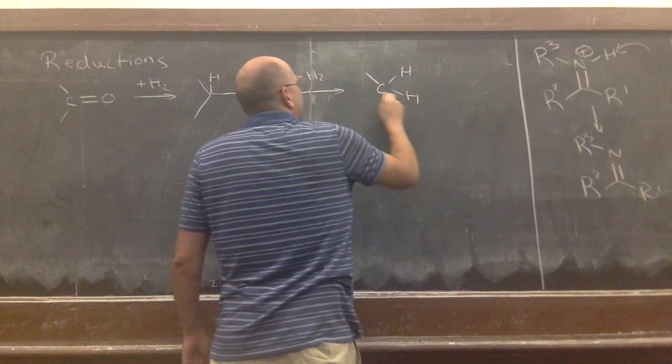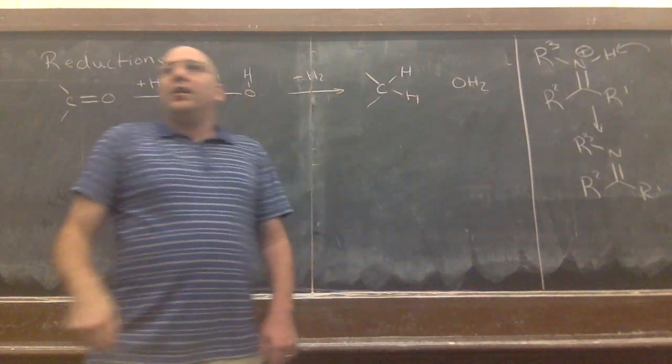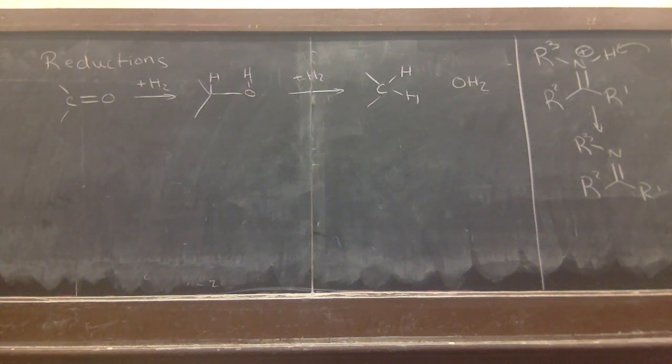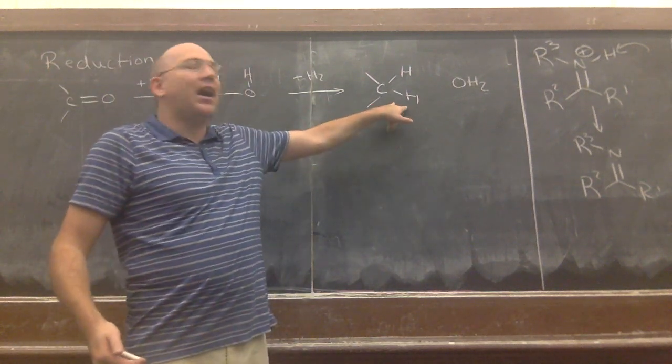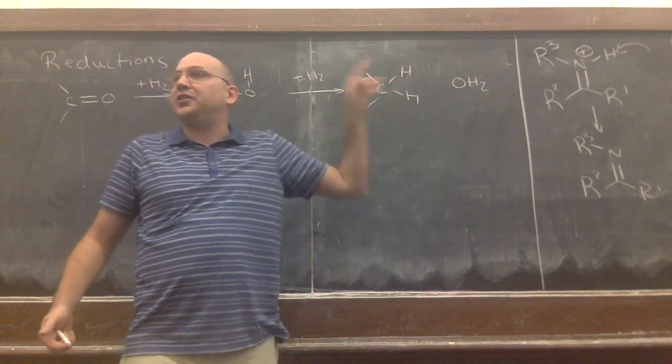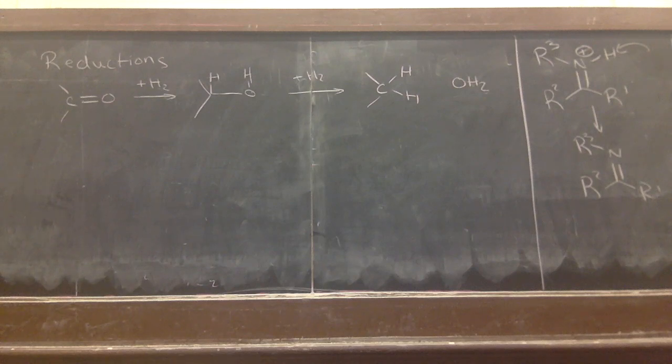If you add that extra equivalent of hydrogen, you can imagine getting to a molecule where now you have water, and you've fully reduced. So now we in fact have two hydrogens there, and so this is also a reduction. There are a few classes of reductions that we have learned.